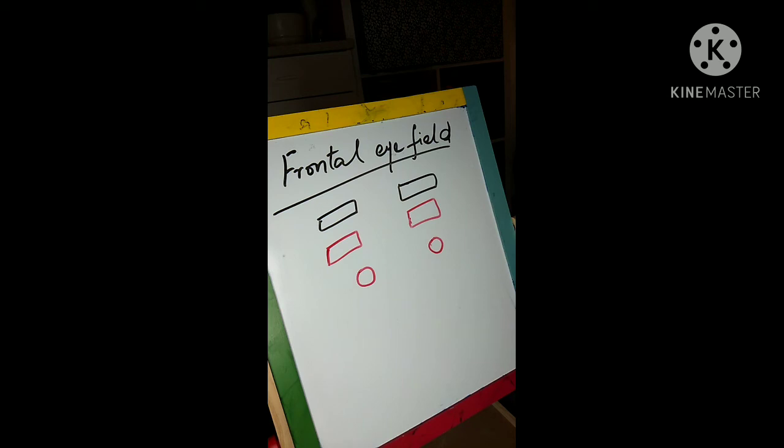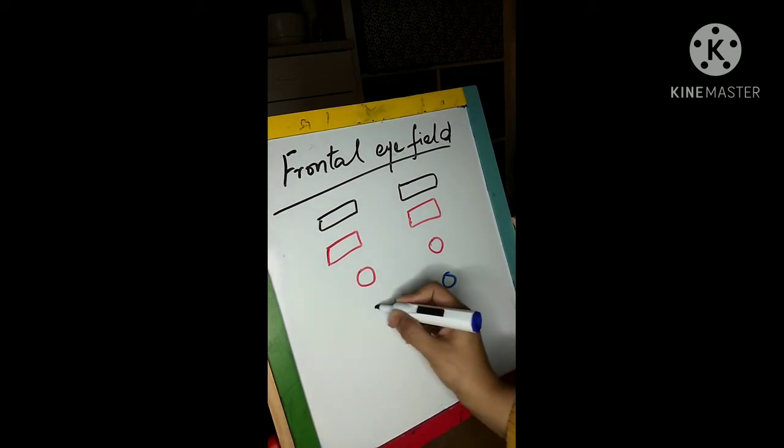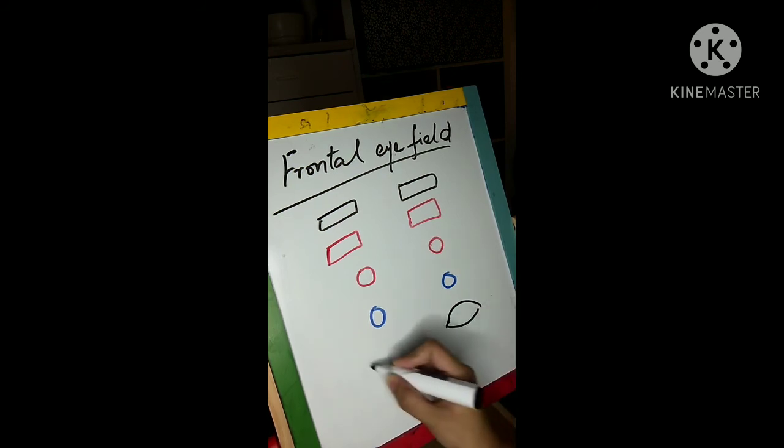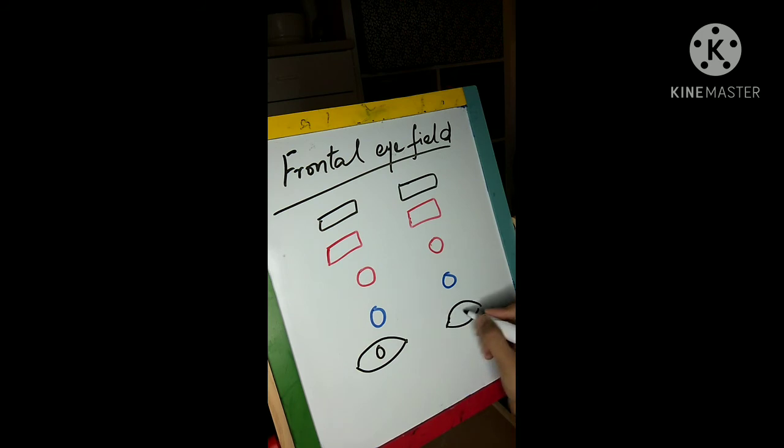Okay, so here I am trying to draw these frontal eye fields. One is right side and one is left side. In the red rectangle below the black rectangle, I am trying to show the parapontine reticular formation.